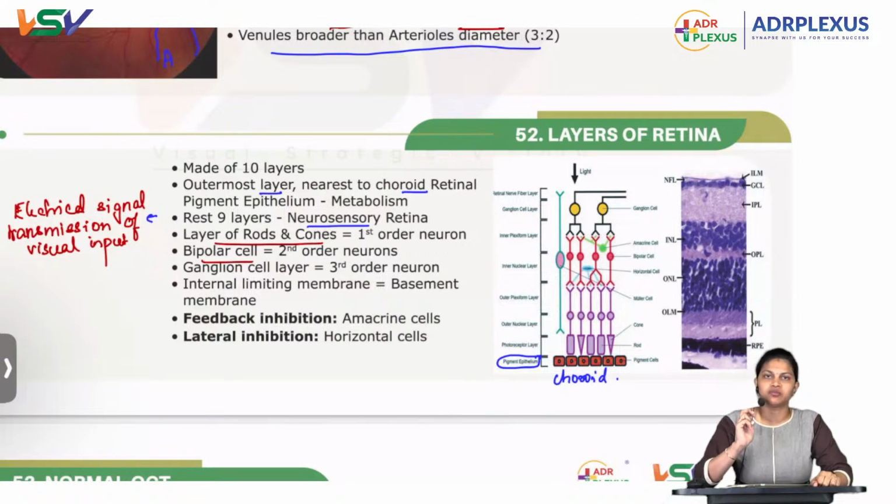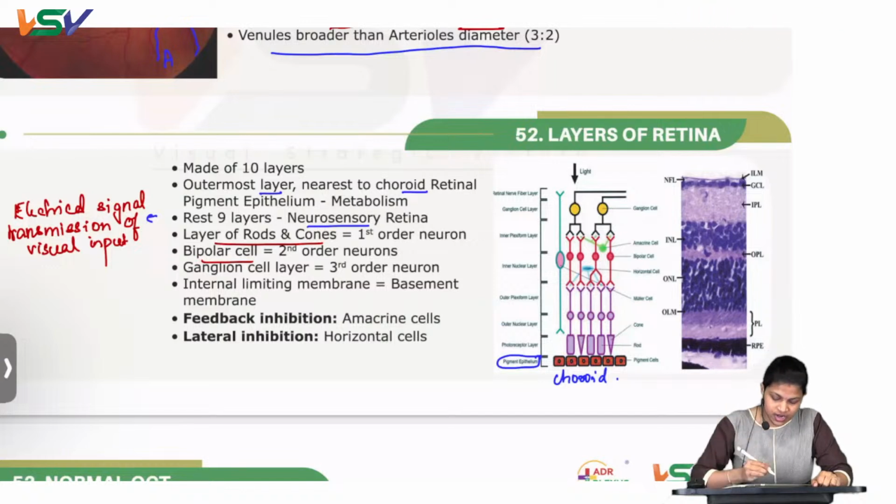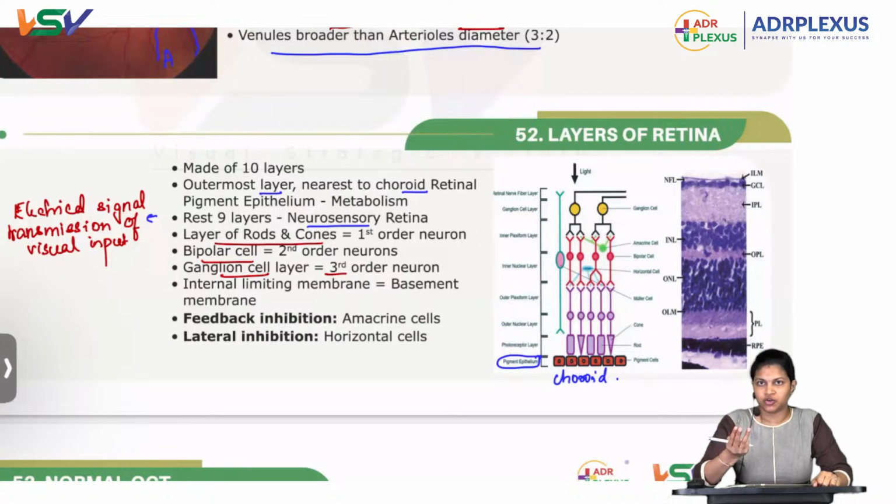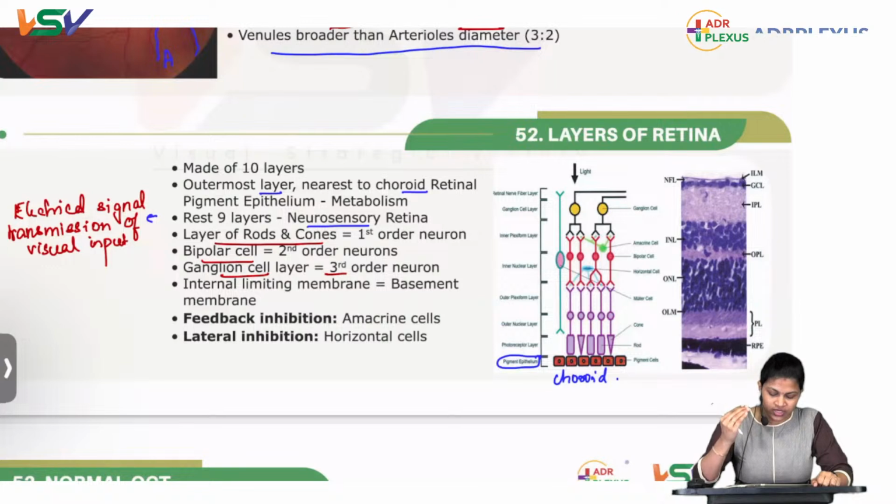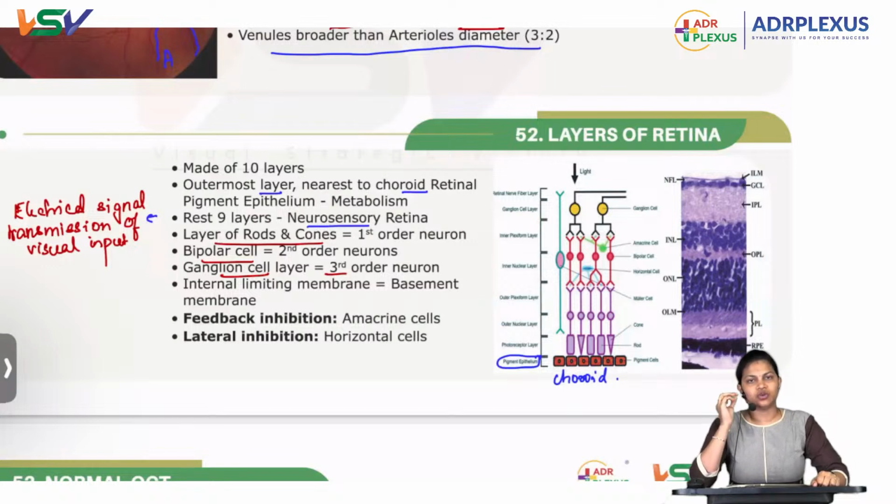The third order neuron is the ganglion cell layer. Gang, at least you need 3 people to be a gang, so ganglion cell layer is the third order neuron. So these 3 neurons form the neural pathway.